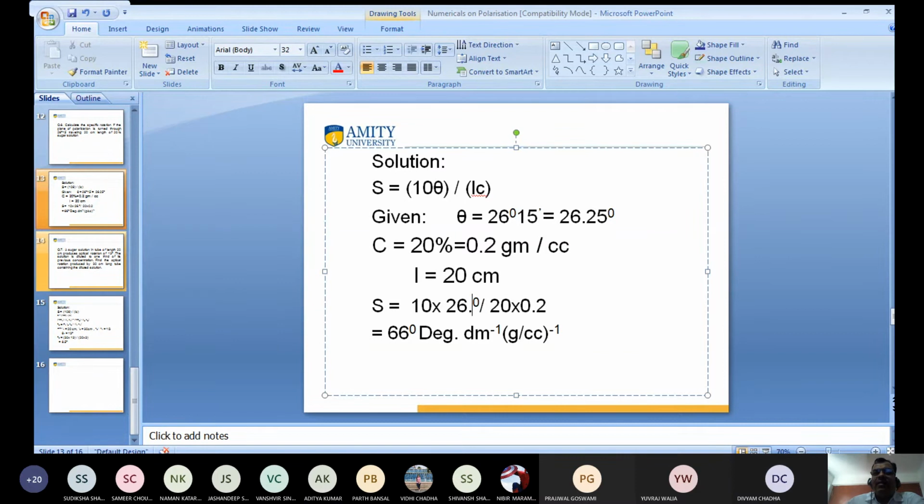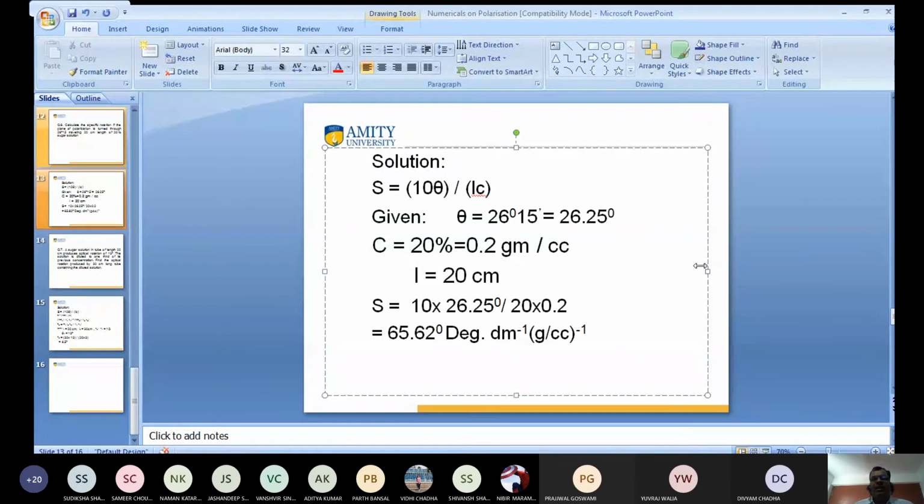I have taken the fourth part, 1/4. Okay, no problem. What is the value? 65.62. Any doubt? Because I have taken 1/4, which means 0.25 degree.